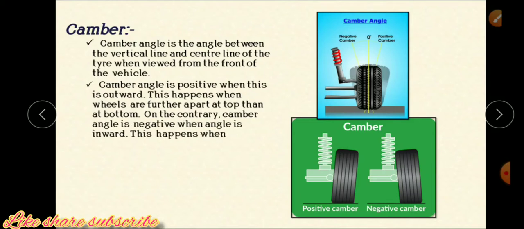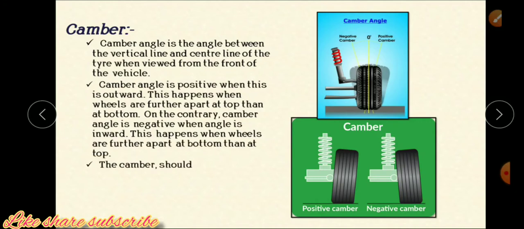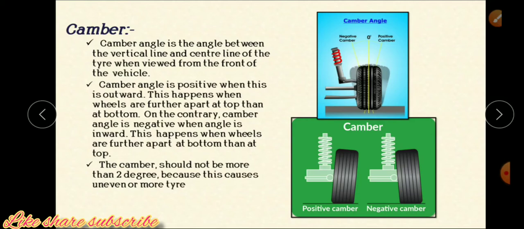On the contrary, camber angle is negative when the angle is inward. This happens when wheels are further apart at the bottom than at the top. The camber should not be more than 2 degrees because this causes uneven or more tire wear on one side than the other side.